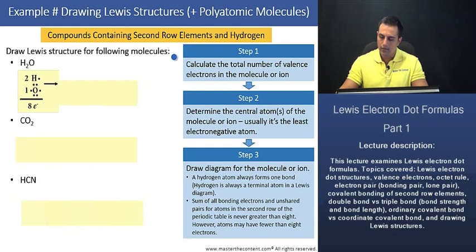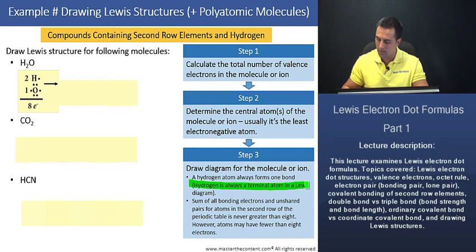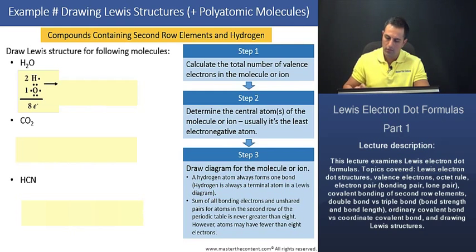So that was step 1. For step 2, we're going to need to determine the central atom of the molecule or ion, and it's usually the least electronegative atom. However, for our example, we also stated that hydrogen is always a terminal atom in a Lewis diagram, so we know that the oxygen is going to be the central atom. The valence electrons are always organized into electron pairs.